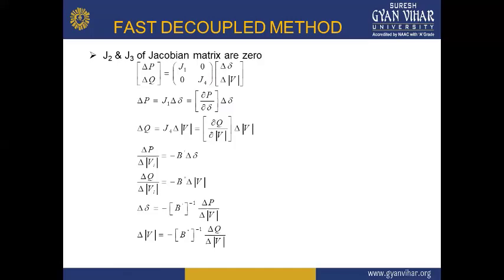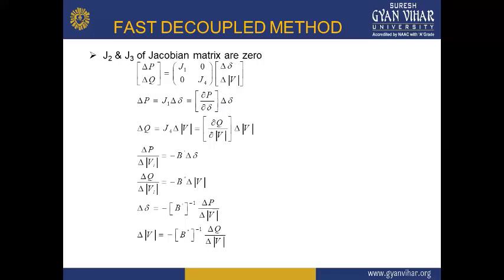Now let's take the ratio of these voltages and the real power. We can write that delta P upon delta Vi is equal to minus B dash delta del, and delta Q upon delta Vi is equal to minus B double dash into delta V. Now from these equations, if I would like to calculate delta del and delta V, I can calculate it like this.